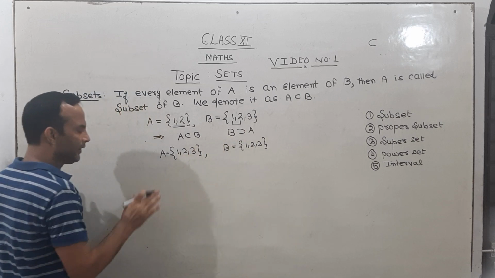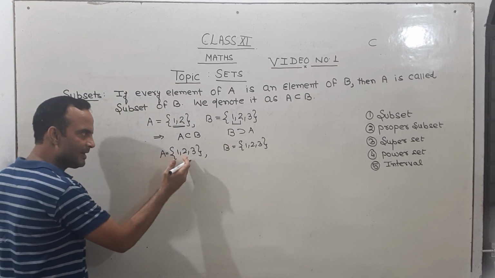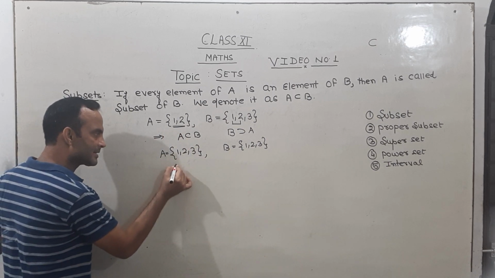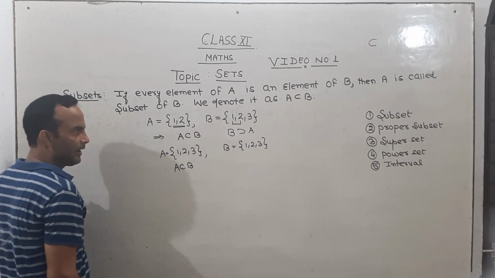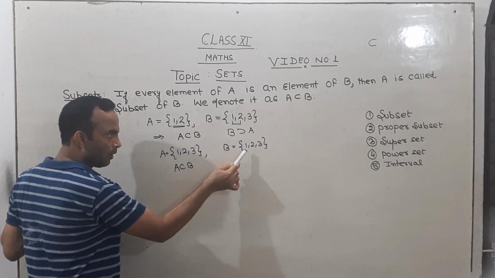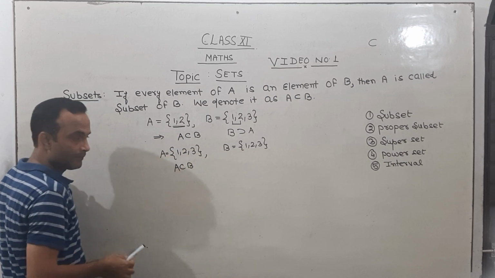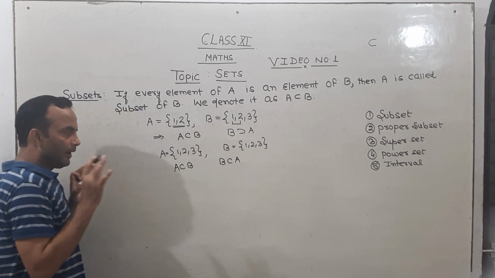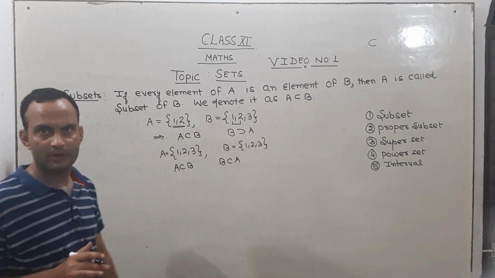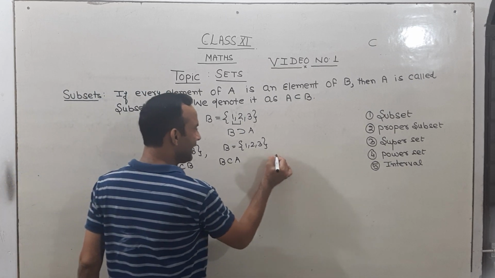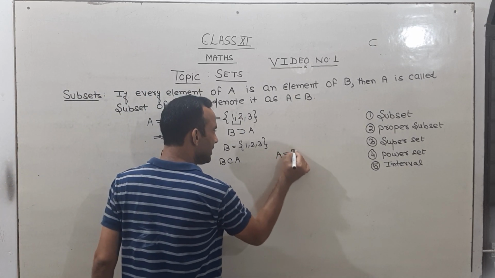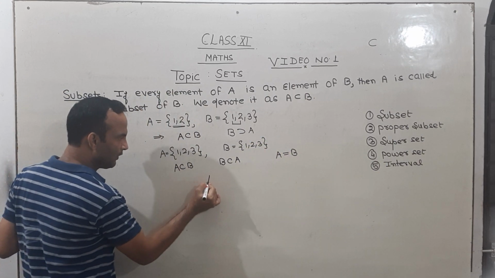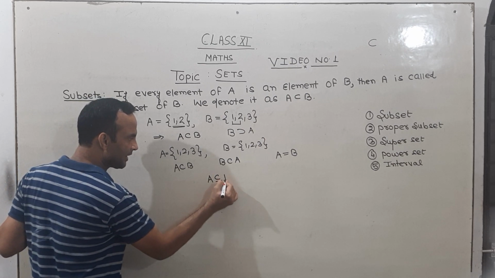Here you can see all the elements of set A are present in set B, so A is a subset of B. And all the elements of B are present in set A, therefore B is a subset of A. If A is a subset of B and B is a subset of A, in that condition set A and set B are equal sets. And in such a situation, we write it as A equals B.